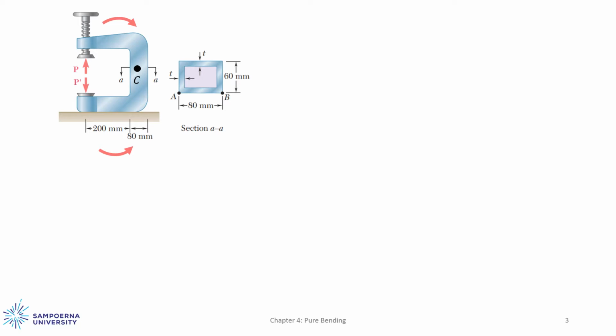When there is eccentric loading acting on a structure, it creates two types of stress: stress because of axial loading and stress because of bending.